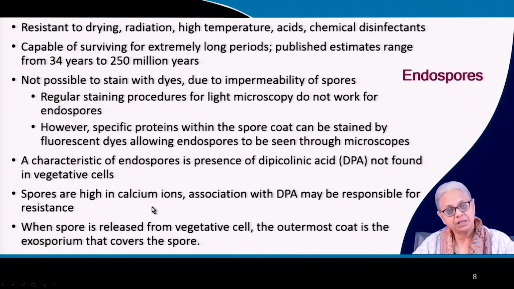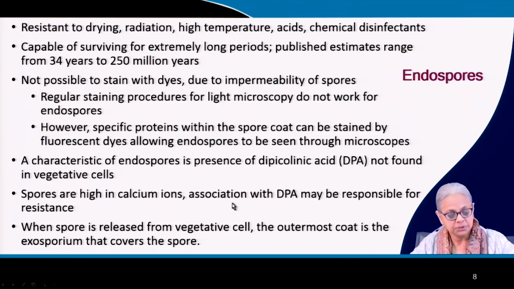These spores have very high calcium concentrations in combination with dipicolinic acid. Now this dipicolinic acid is produced by the vegetative cells to create these endospores. So it's present only in the endospores, not in the vegetative cell.